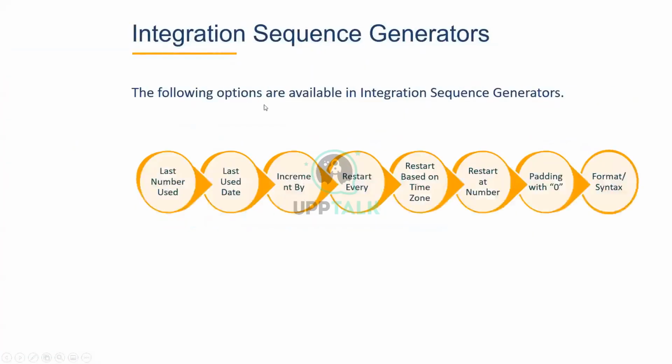What can you do in integration sequence generators? The following options are available in your integration sequence generators: the last number used, last used date, increment by, restart every, restart based on time zone, restart number, adding that it could be zeros or it could be alphabets as well.